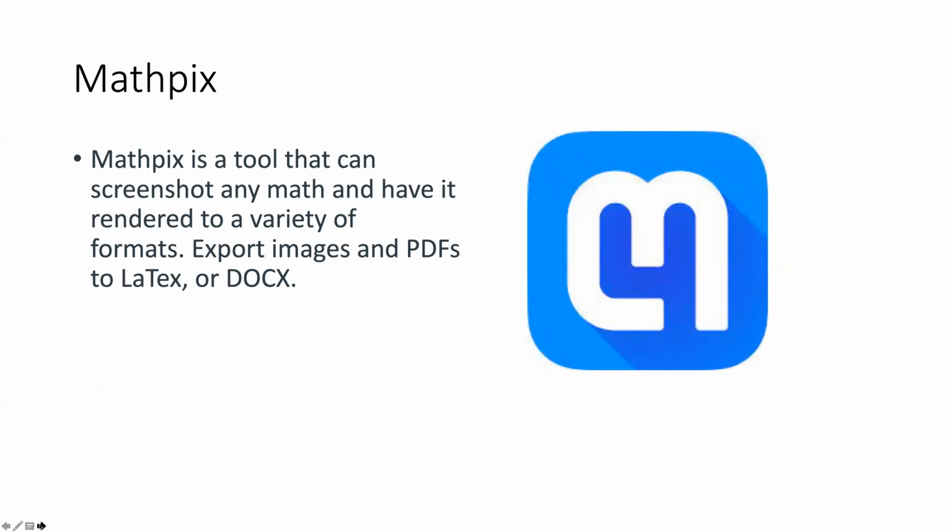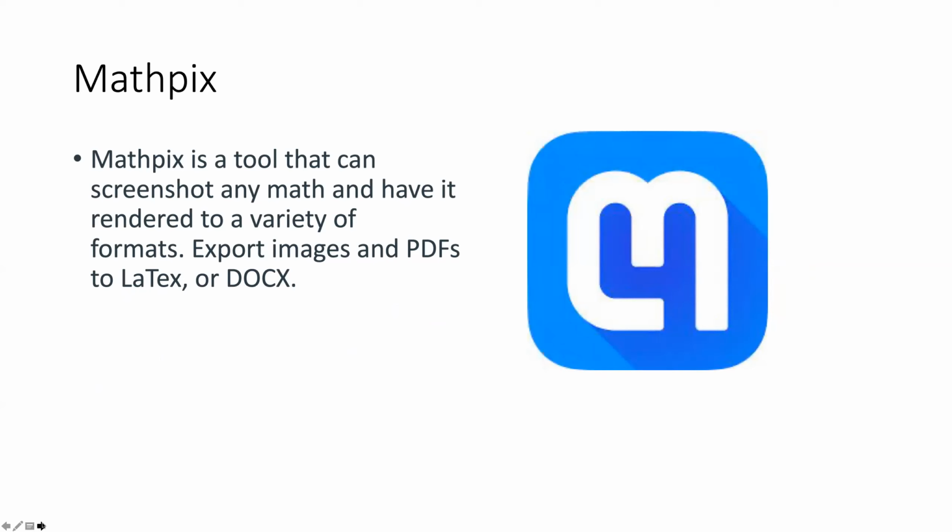So Mathpix we like because in our research and speaking with people, we get a lot of math that people put in PDF format and it wasn't accessible. So we investigated, we found Mathpix, we found a way to take that math, OCR it, so kind of scan it, and then put it in an accessible format.